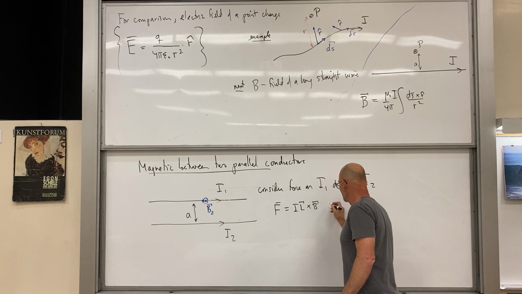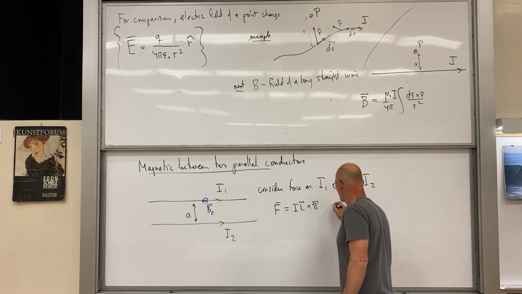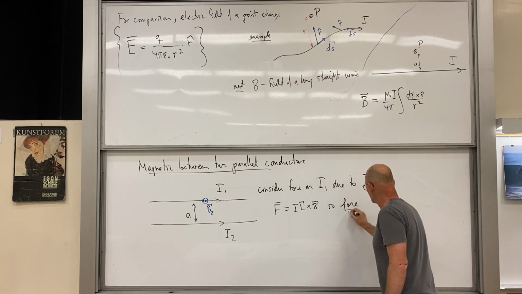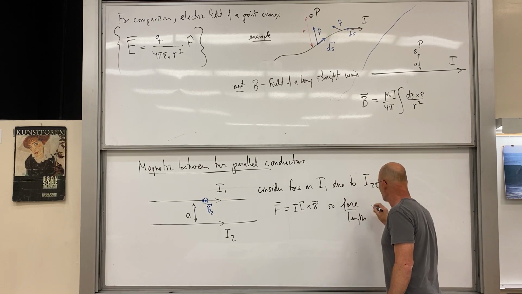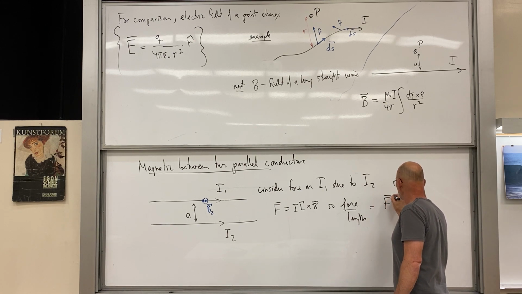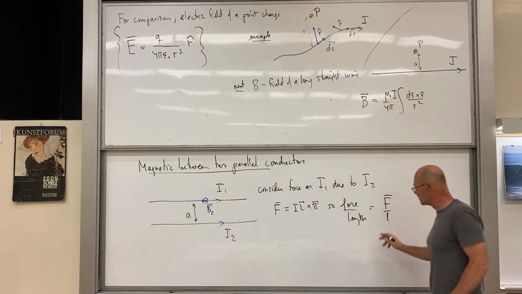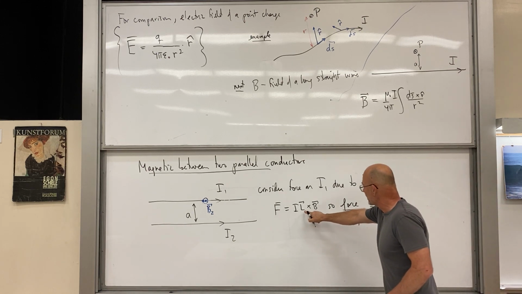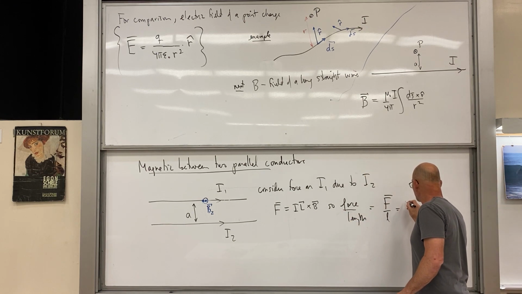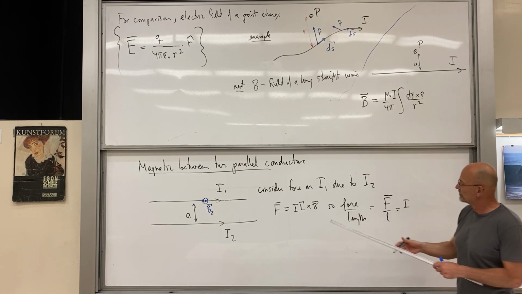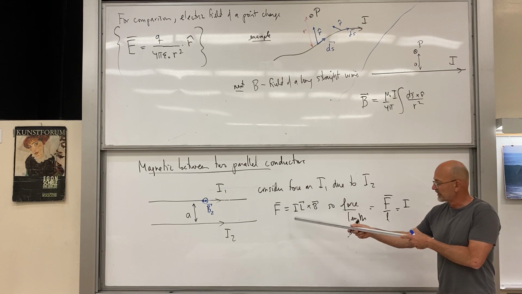Okay. Now we have force per length, which is going to be equal to F over L, unit length. So I have I, and I've divided through length by length, okay?